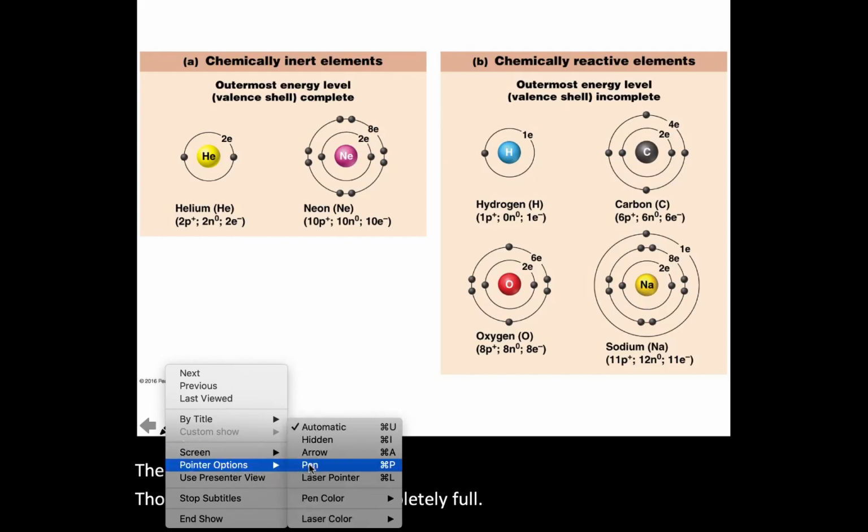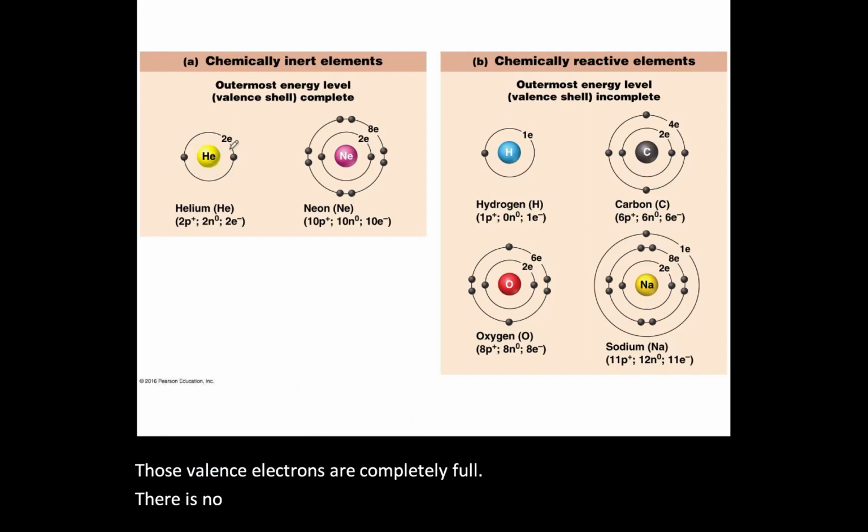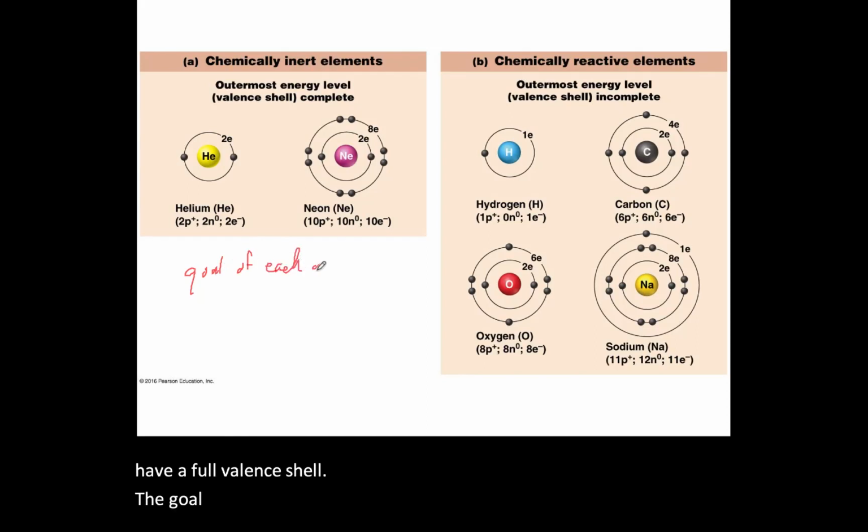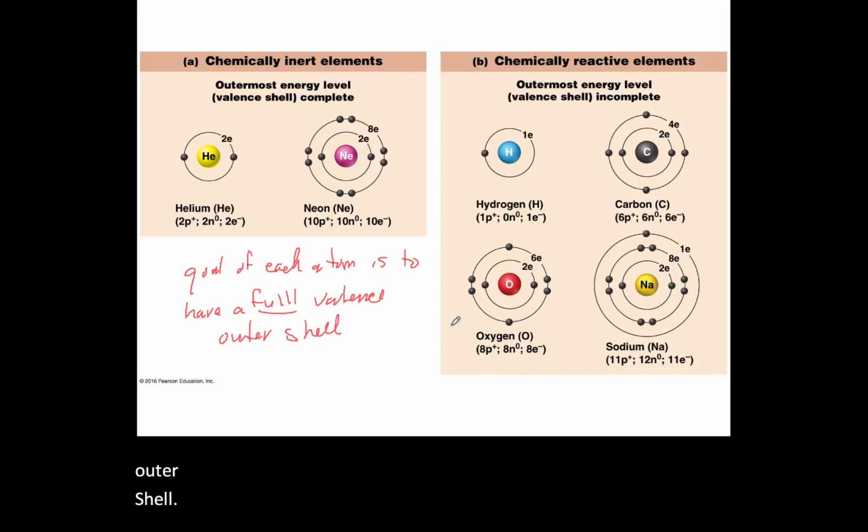There is no room to add anything else. And the goal of all of our atoms, the goal of each atom, is to have a full valence outer shell. Right, that is our goal.